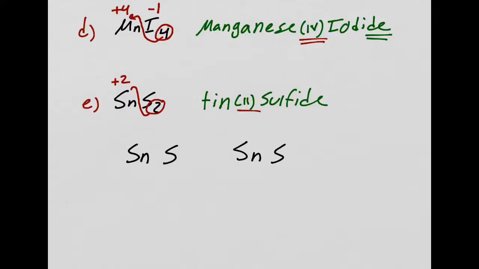Stay with me. You know sulfur has a -2 charge based on the periodic table, right? That doesn't change. It has a fixed charge. But I know tin could be +2 or tin could be +4.